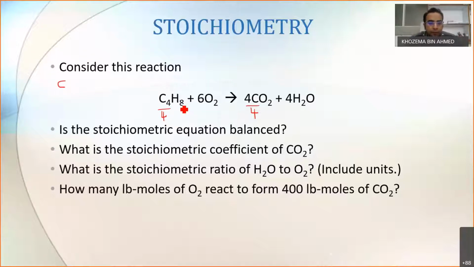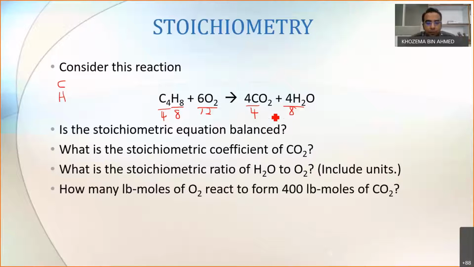And then I have hydrogen, I have 8 here, right? So 8 hydrogen, I have 4 times 2, I have 8 hydrogen. So I know that hydrogen is also balanced. Then I look at oxygen here, 6 times 2 is 12 oxygen. So I have 12 oxygen on the left.